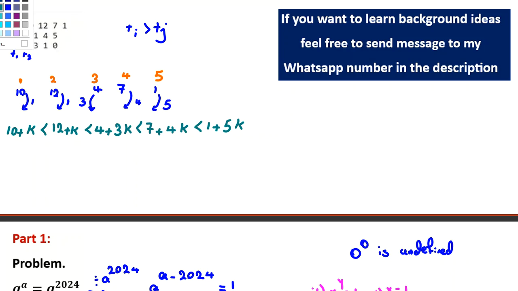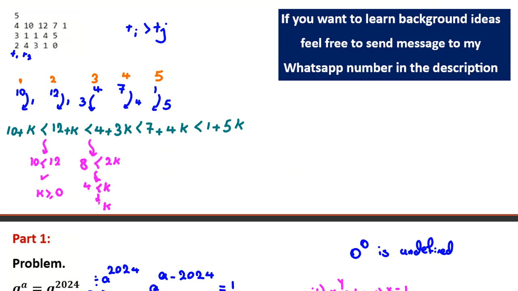So if you simplify the first condition, it's always correct because if you subtract k, 12 is always greater than 10. If you consider this one, from here you can say k should be at least 0. Here 3k, 2k. If you subtract k, it will be 2k. If you subtract 4 from both sides, 8. So k greater than 4. So k greater than or equal to 5 because k is an integer.